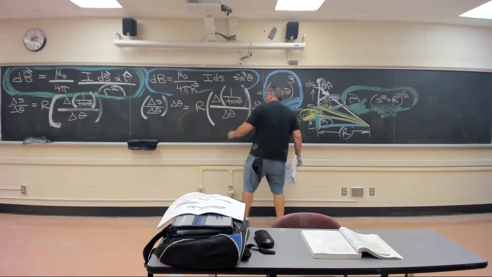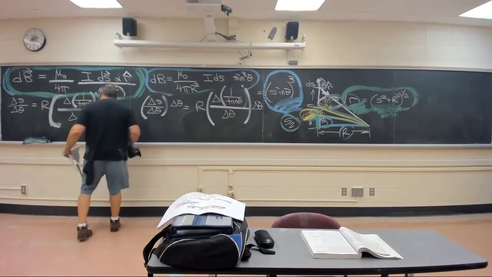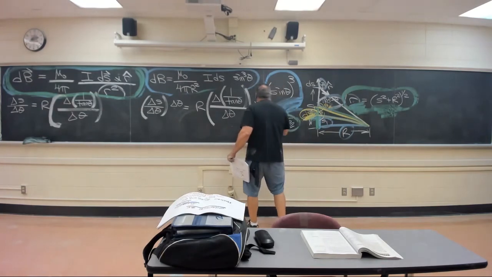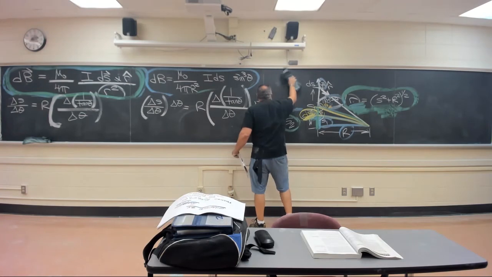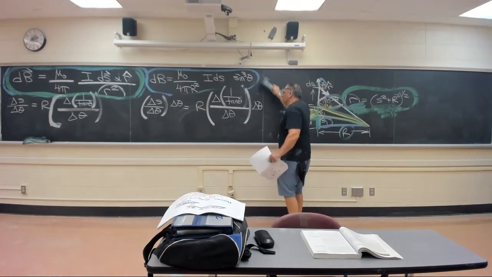I'm going to multiply by delta theta on each side. What's going on here?